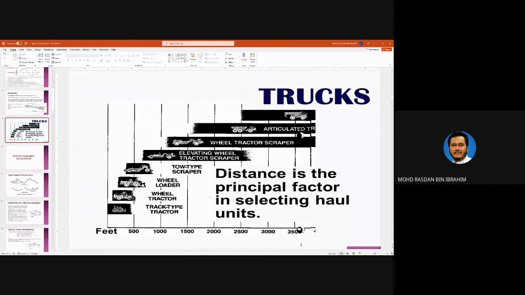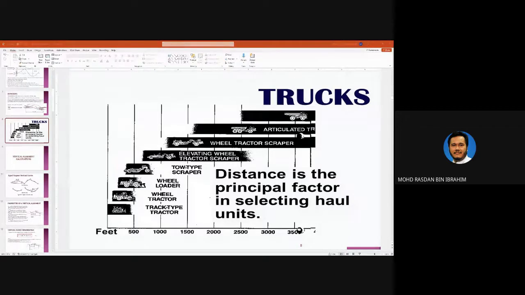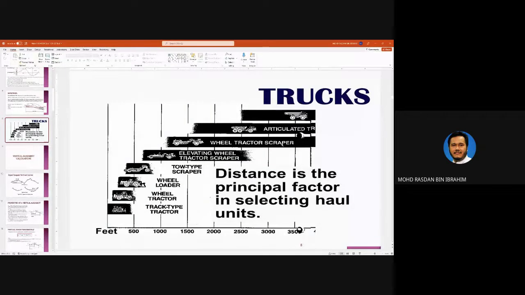This is determined by the QS, how far they want to use it. But normally here it is mentioned it's about 3,000 or 4,000 feet. Okay, 3,000 to 4,000 feet. Actually, this is common.